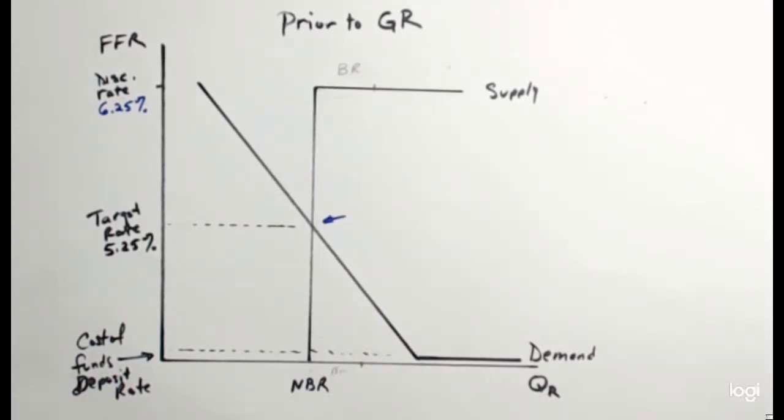Now when the Great Recession hit, the Fed had trouble keeping this target Fed funds rate. It's like a pinpoint target. The Fed says, look, we want 5.25%, and it tried to keep things exactly at 5.25%. But when the Great Recession hit and there was a lot of financial turmoil, the rate was sometimes above, sometimes below.